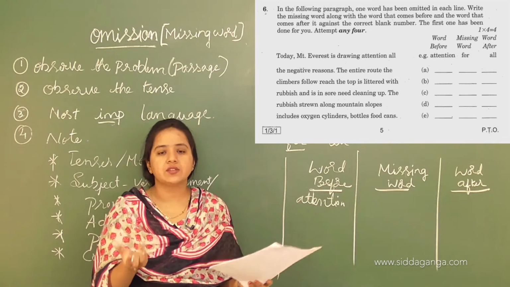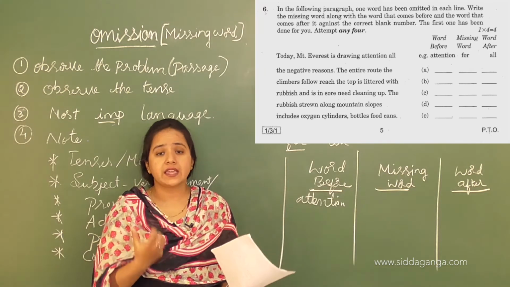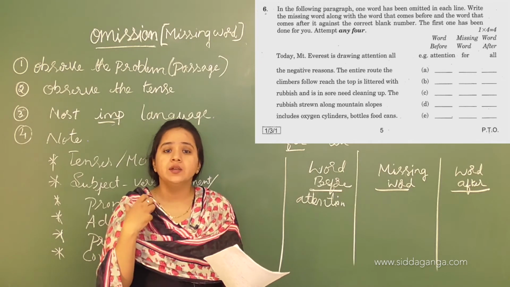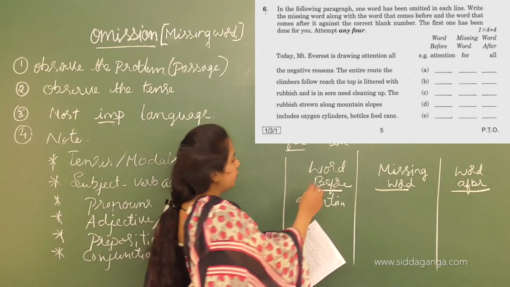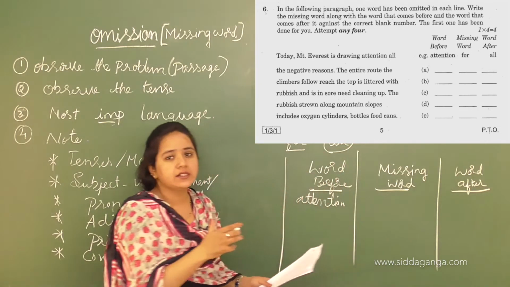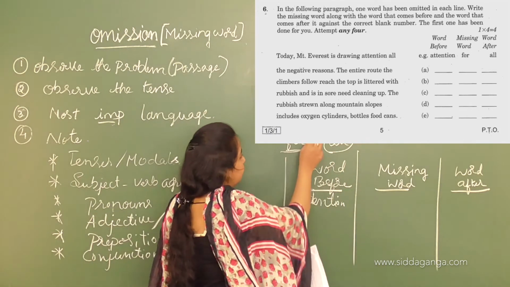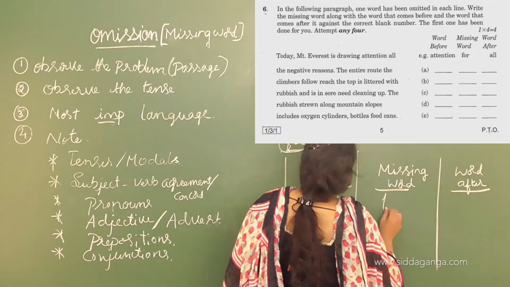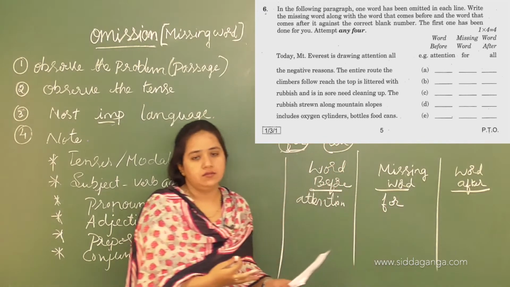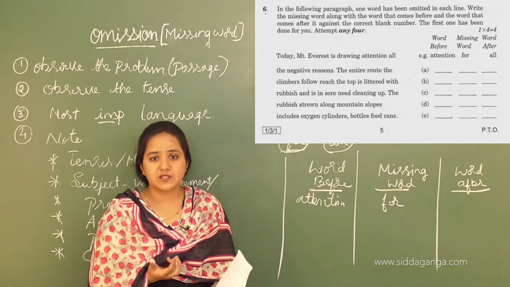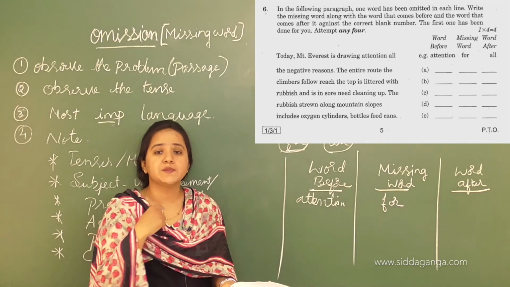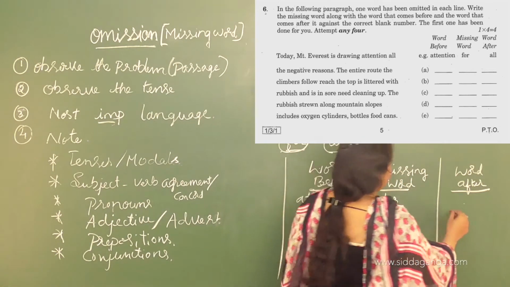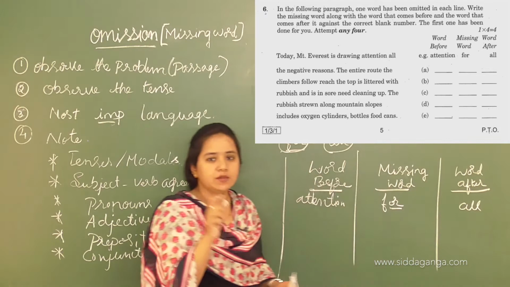That all tells about the people, okay. So instead of using attention all directly, we need a preposition, that is for, okay. What we need here is for all, whose attention it is attracting, that is the people's attention. So here we need to use for.